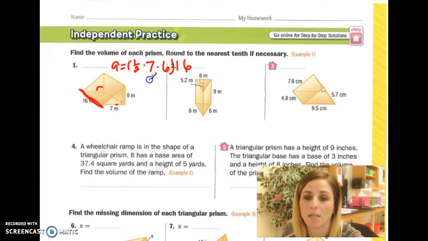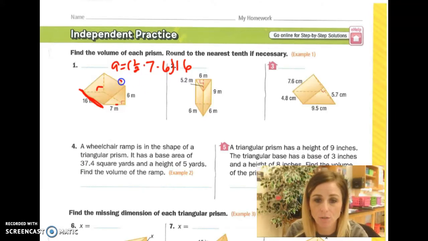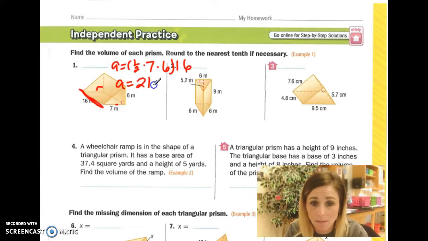So 7 times 6 is 42, and when I take half of 42, I'm going to get 21 times 16.